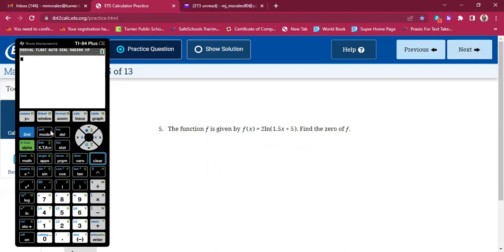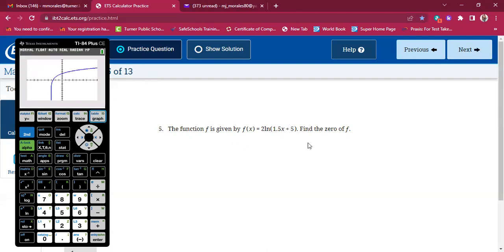So I'm gonna clear it out first. So just press y equals, then write everything. So y is equal to 2ln times 1.5x plus 5. So press 2, and then ln is right here, 2ln, and then just write 1.5. x is a variable, so just press alpha x, these letters are in green, and then plus 5, and then you enclose it, and then graph it.